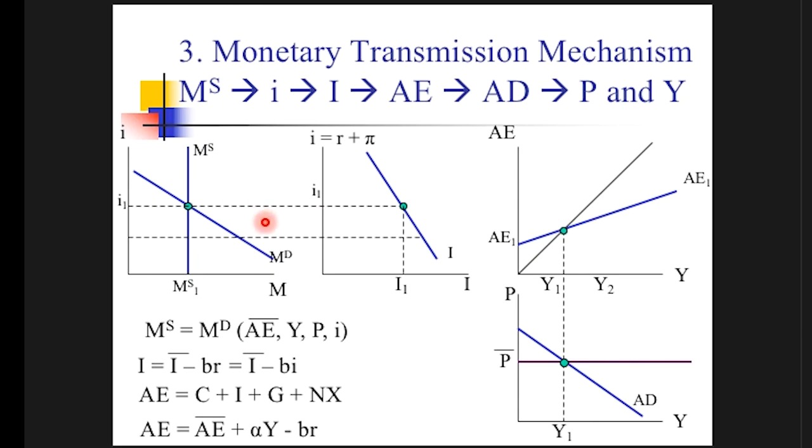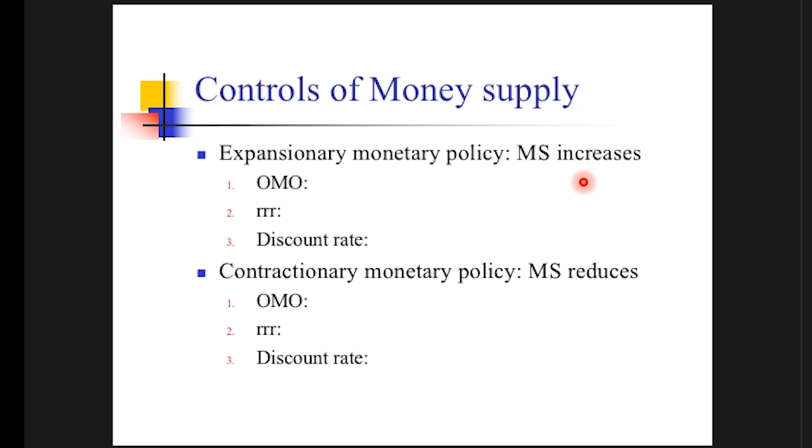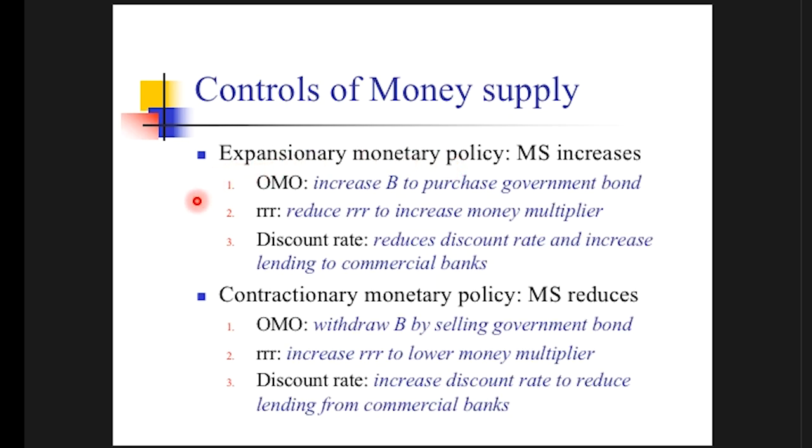In the first step, if we have an increase in money supply, and remember that the increase in money supply is called expansionary monetary policy. And the central bank may use the 3 operations to increase the money supply and launch the expansionary monetary policy.